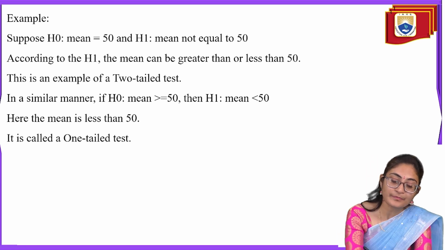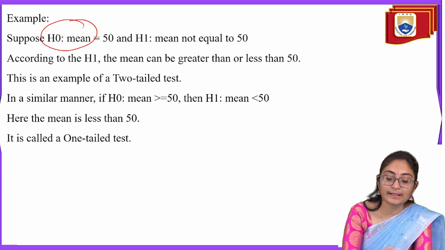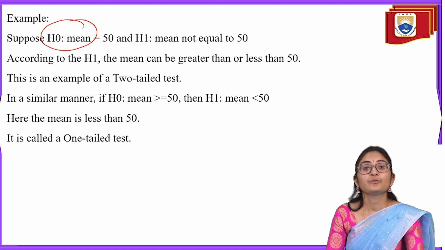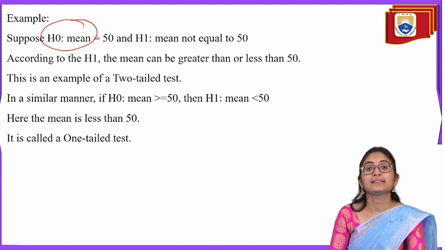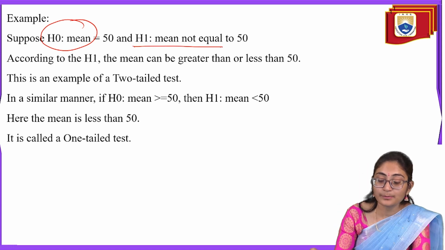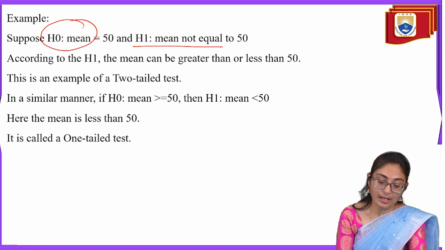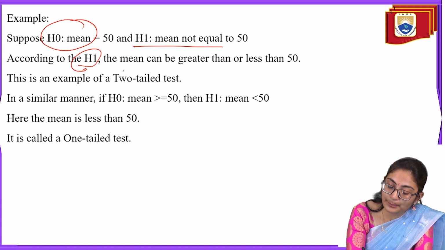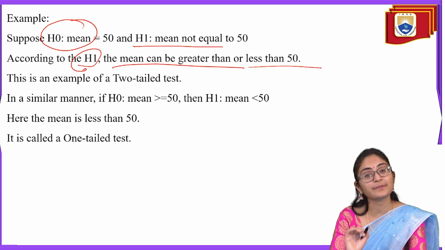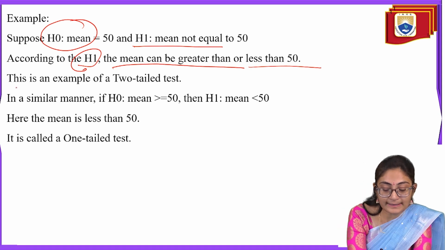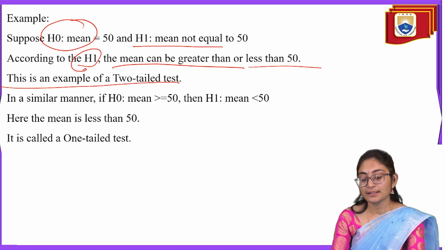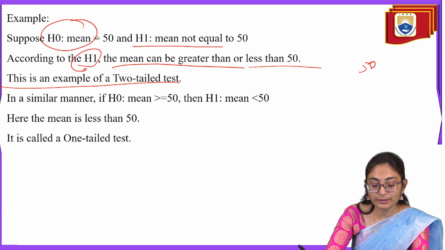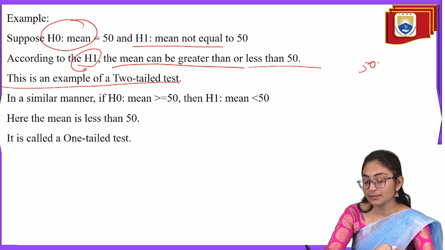For example, suppose we have H0: mean = 50, H1: mean not equal to 50. According to H1, the mean can be greater than or less than 50. And this is an example of a two-tailed test. Just now we have seen 50 as our mean.